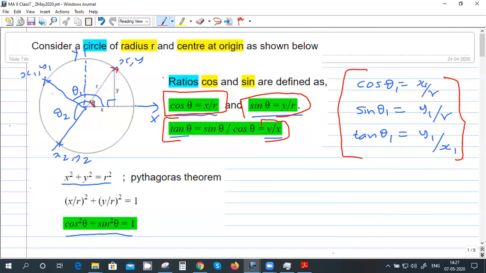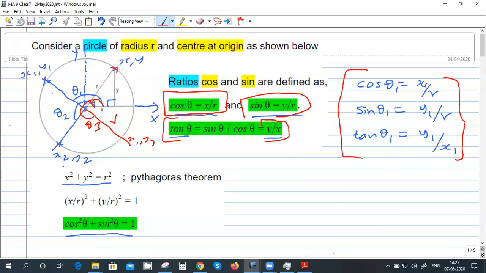Okay, similarly, I can have it in the fourth quadrant also. This will be theta 3. And this point is x3, y3. So same thing, x coordinate by r is cos, y coordinate by r is sine, and y by x is tan.